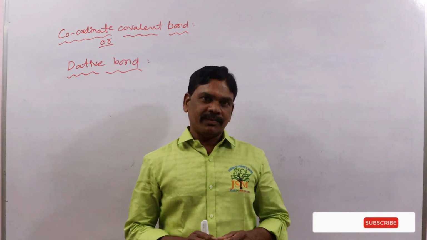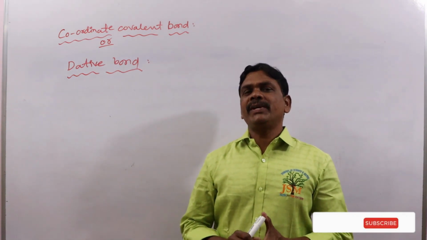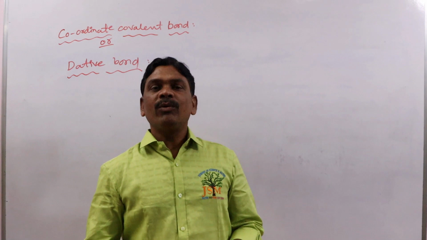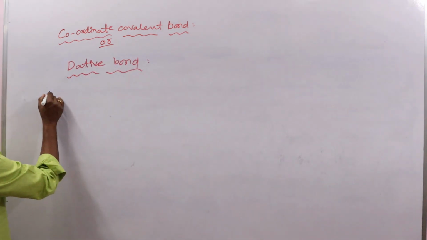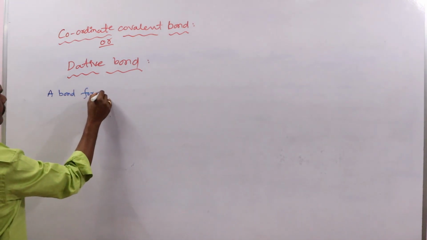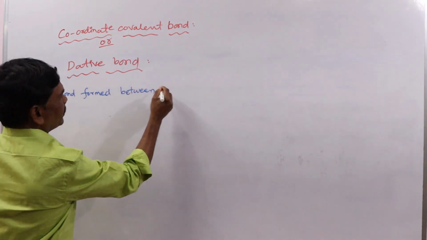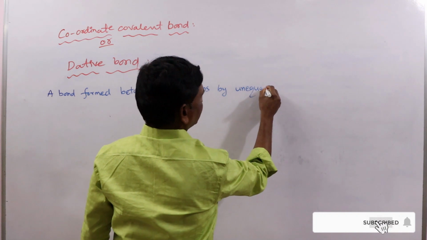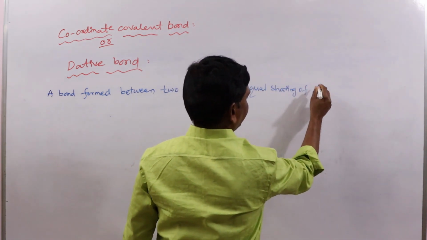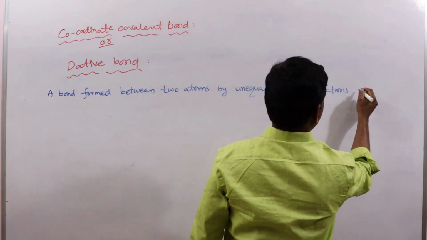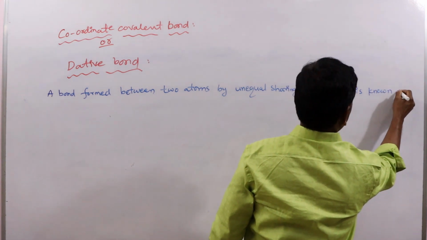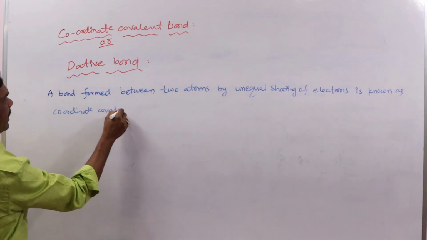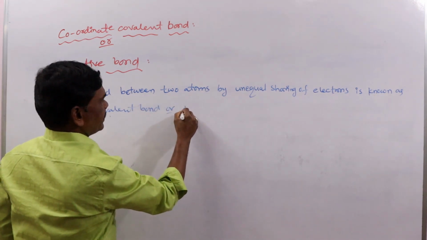A bond formed between two atoms by unequal sharing of electrons is known as a coordinate covalent bond or dative bond.